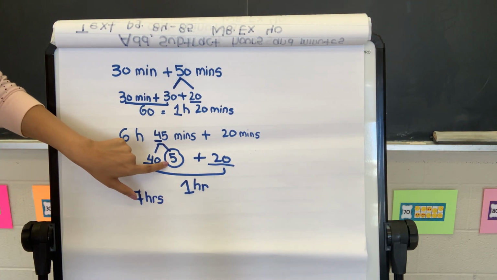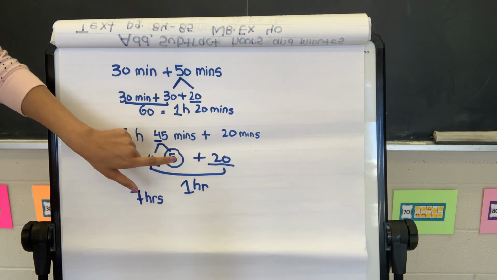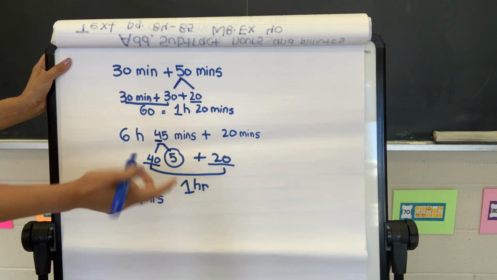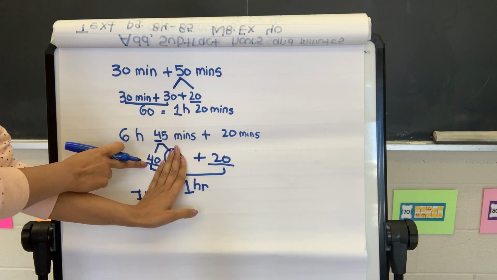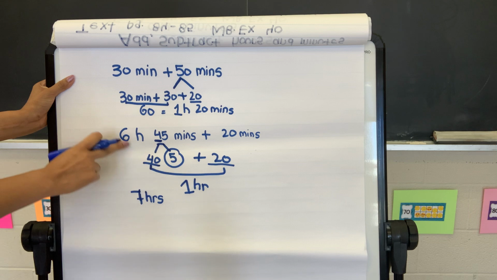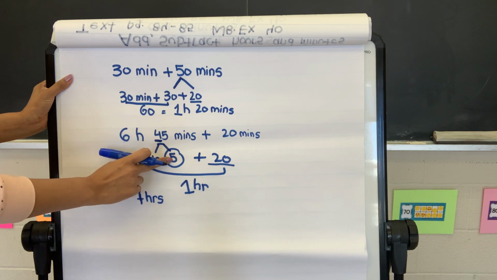Since I have not touched these 5 minutes, I am only left with that. So 7 hours and 5 minutes, because I only touched my 10s. So that gave me an hour, and then that 1 hour was added to 6 hours, which made it into 7 hours and 5 minutes.